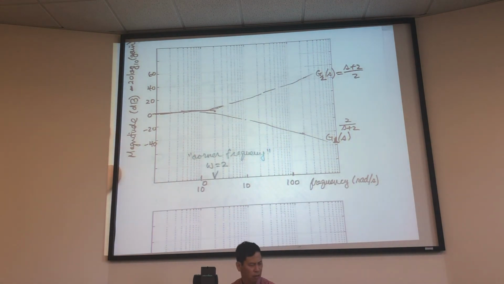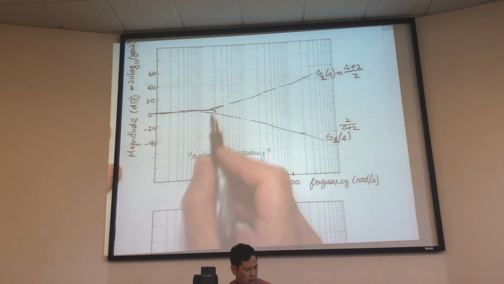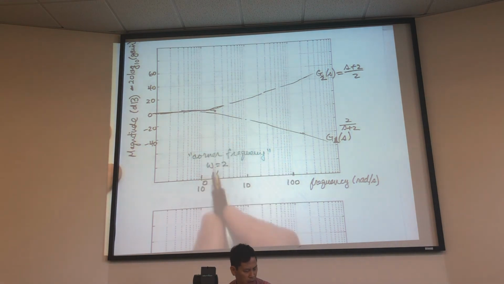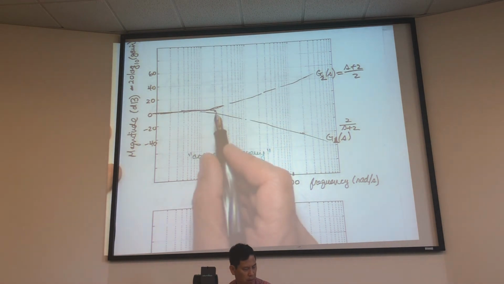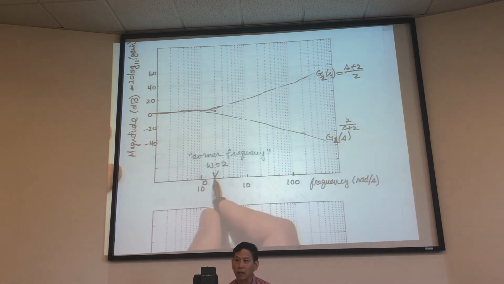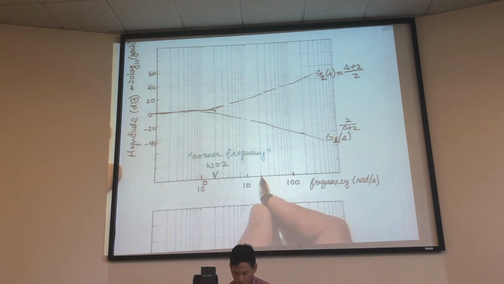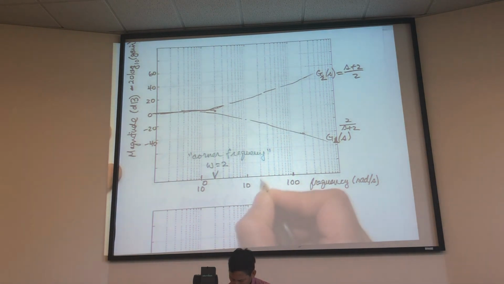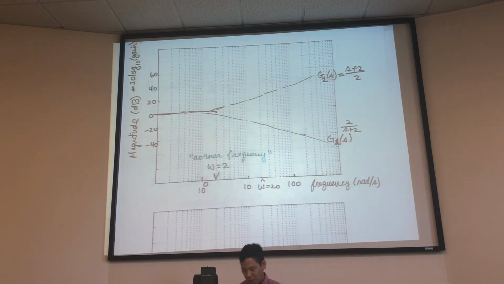Now I'm going to sketch this curve, and I'm going to draw with a particular slope. You have to draw it kind of accurately here. Here's omega equal to 2, right here, 0 dB. Let's find omega equal to 20. Omega equal to 20 is right here. Put that tick mark in.